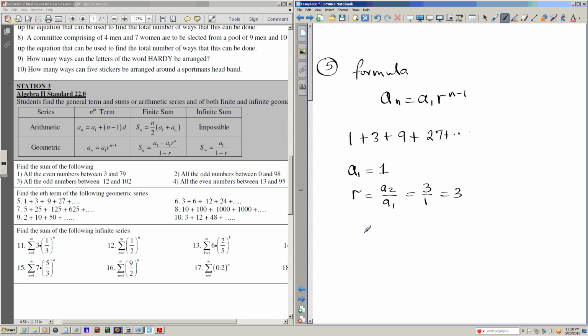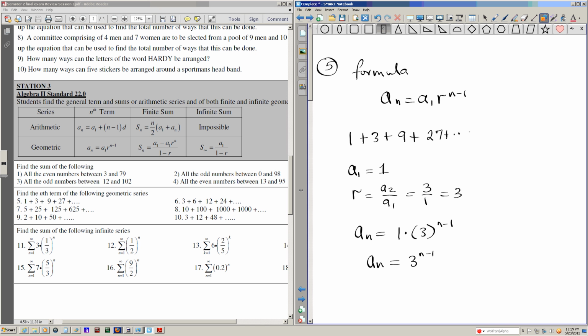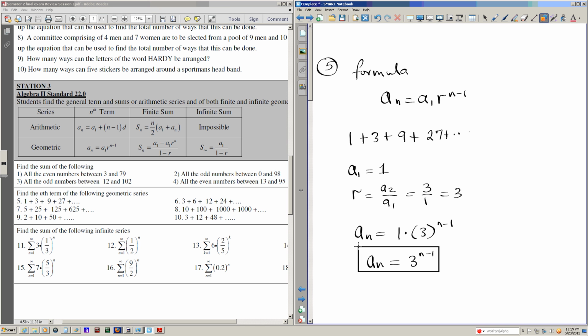Okay. So to find the nth term, an will simply be 1 times the common ratio, which is 3, to the n minus 1. And now you can simplify it to an equals 3 to the n minus 1. And there goes the formula for the nth term of your geometric series.